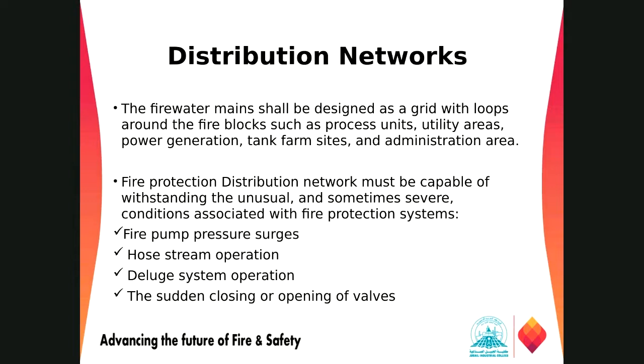Mostly you can see this in industrial plants. They make their plan like a loop, so that in case of maintenance, if they want to isolate one section, they just close it with the sectional control valve and do the maintenance.